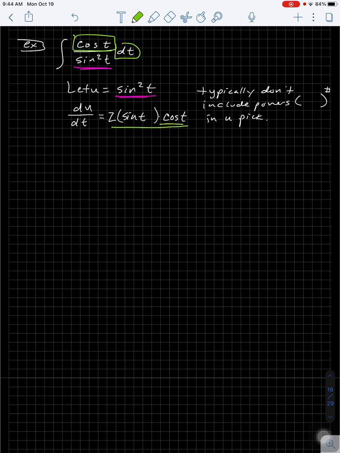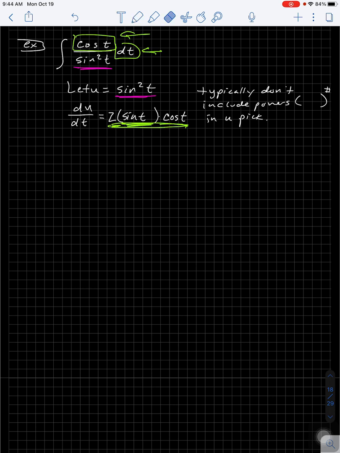I've got a cosine and a sine and a 2, which is way more than I have up here. So taking the derivative of that power creates a chain rule and often creates way more terms than I want. Now it might be that the green top part here has all this stuff in it, in which case that is the correct choice. But often it doesn't.